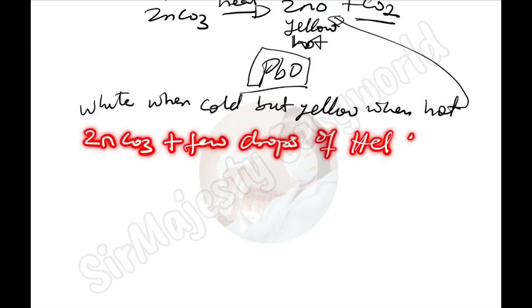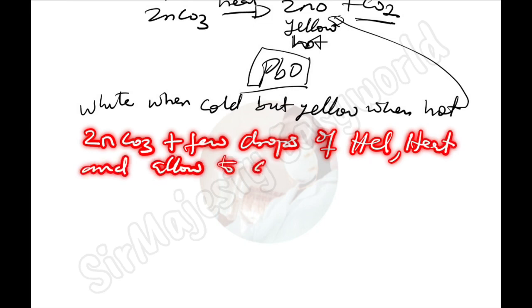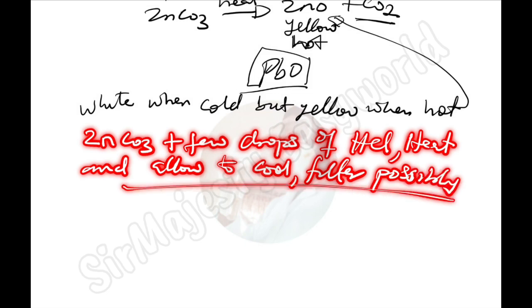Then you might be told to heat, allow to cool, and possibly filter, because the whole carbonate must not dissolve. So when you filter the undissolved carbonate, you'll be told to analyze the filtrate, maybe the first portion of the filtrate.